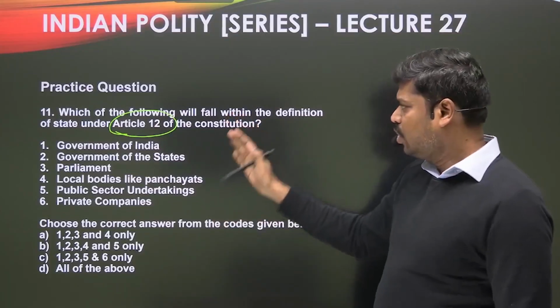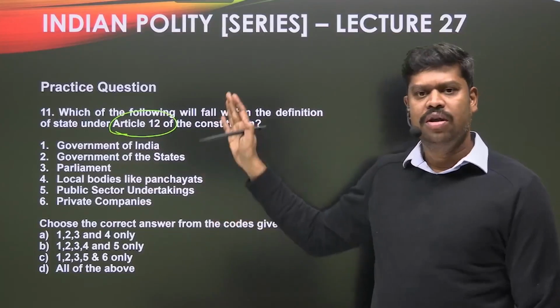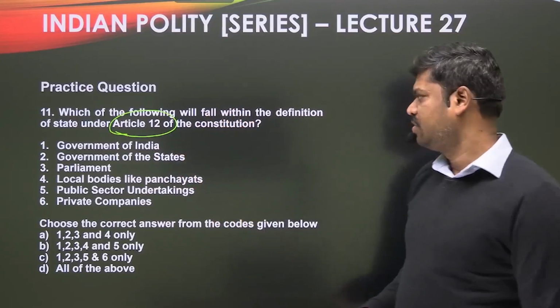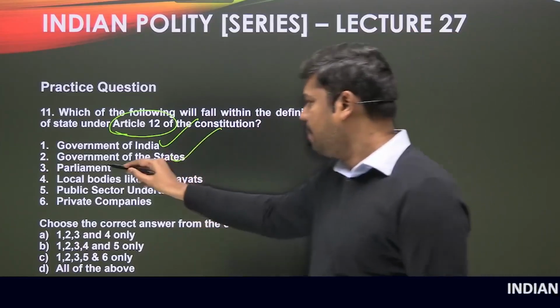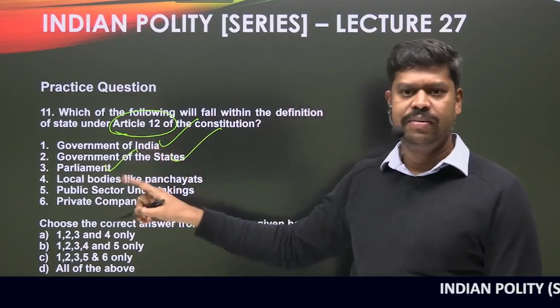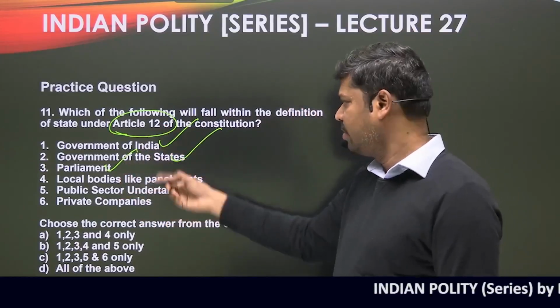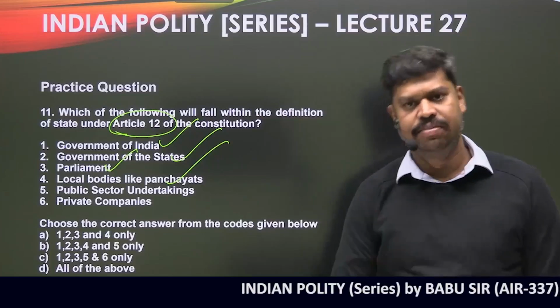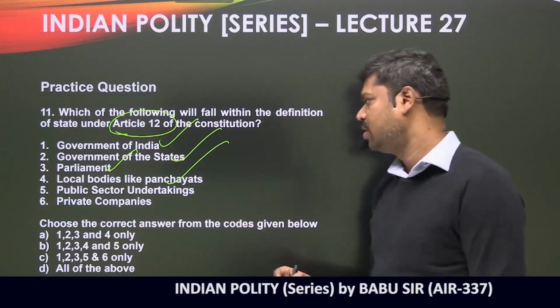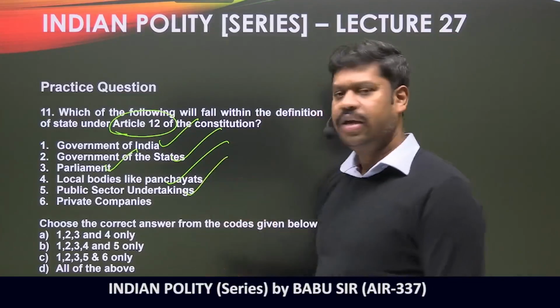So if you see Article 12 of the Constitution, what are the things that fall within the definition of state? Government of India, yes. The governments of states. Parliament, yes. In addition to Parliament, the state legislature also, but it is not given here, but that also falls within the definition of state. Local bodies, yes. Panchayats and municipalities, the authorities under them. Public sector undertakings, yes.